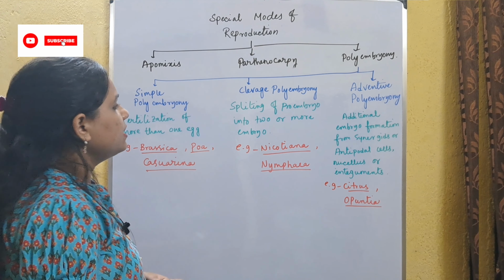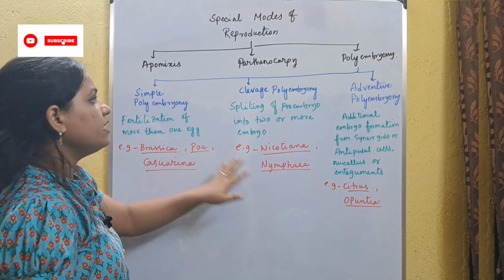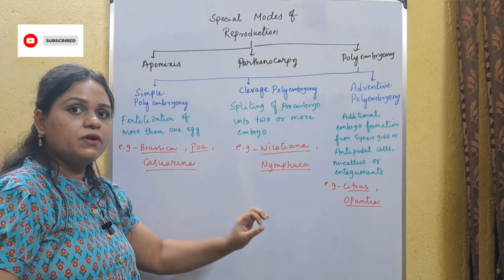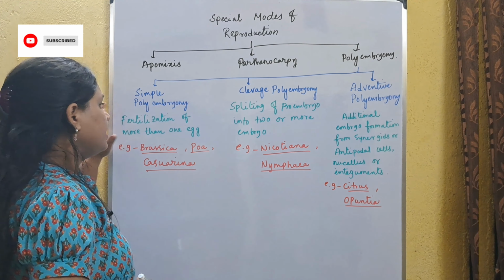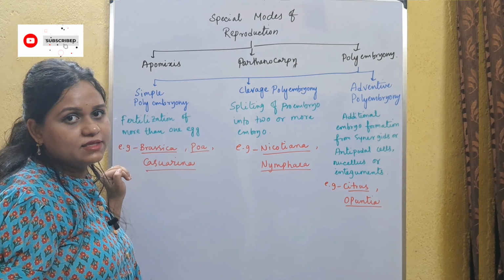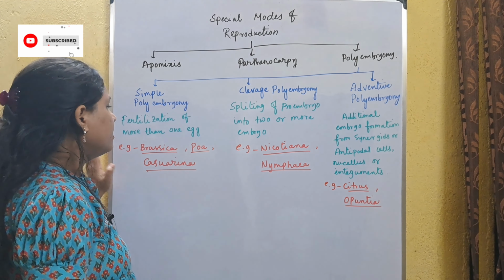Now there are three main types of polyembryony: simple polyembryony, cleavage polyembryony and adventive polyembryony. Simple polyembryony is the formation of embryos from more than one egg fertilization.